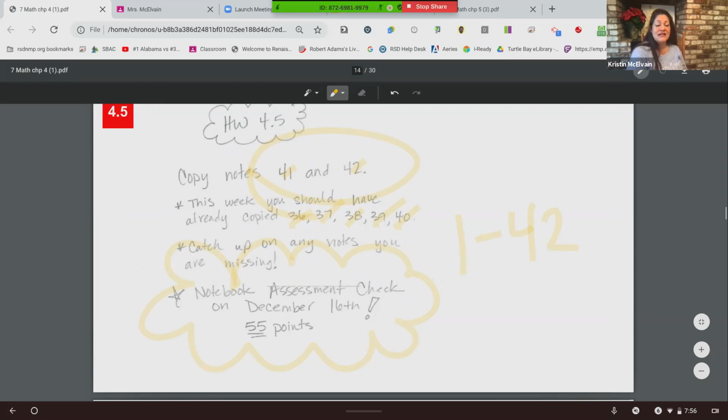Okay, so it's not next Wednesday, it's the Wednesday after that. So you have about a week and a half, and it's worth 55 points. You're going to have notes up through number 52. Then you have a point for each page of table of contents, and then one just for having your name and 7th grade notes on the cover. So 55 points total. It's very important.